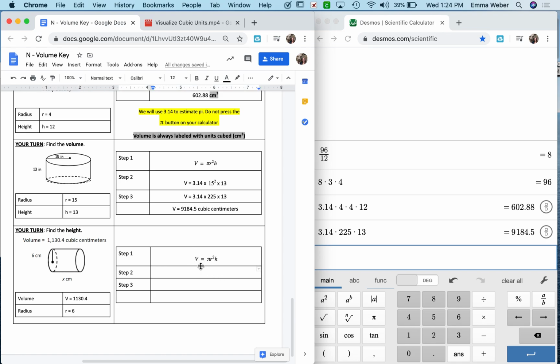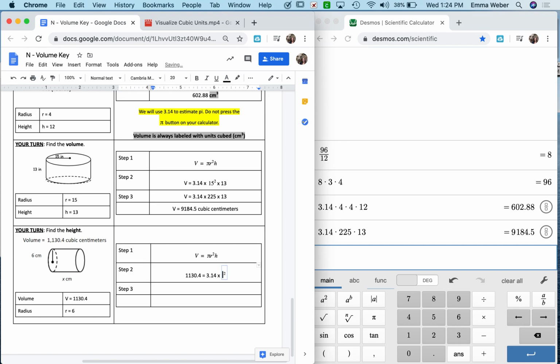So we know that our volume this time is 1,130.4, and then I write my equal sign, and then the next part of my formula is pi, so I fill in 3.14 times my radius squared. My radius squared is 6 this time, so I'm doing 6 squared. So again, I'm going to show it to you with the exponent.